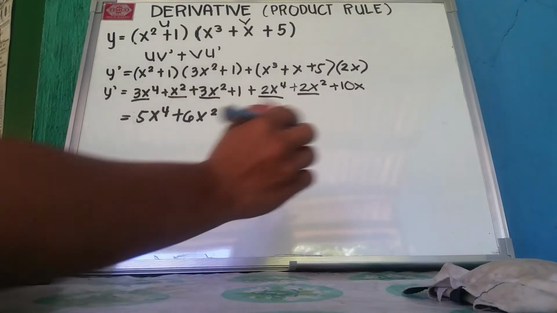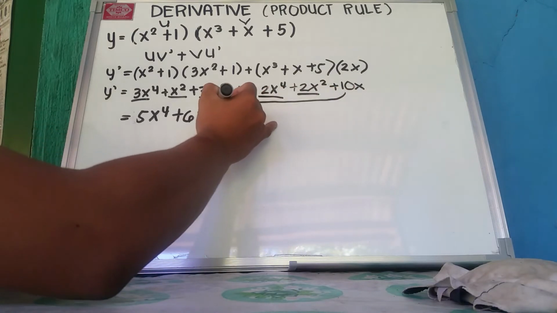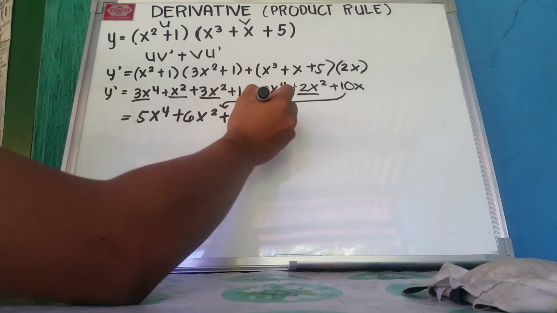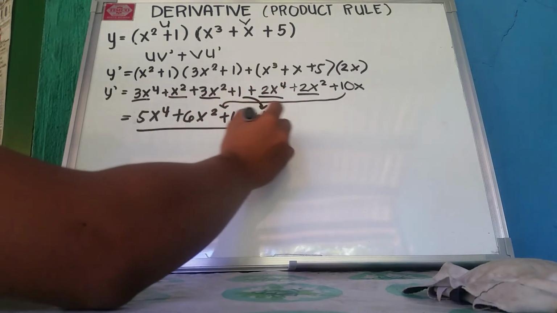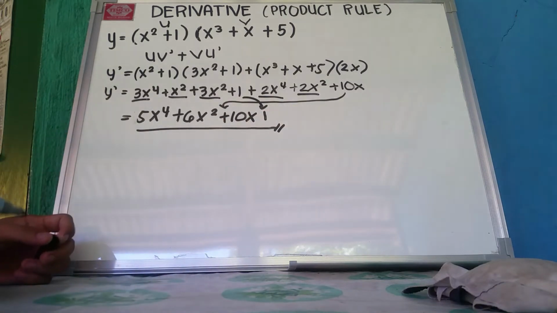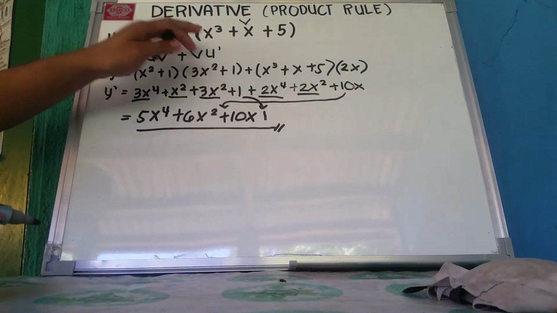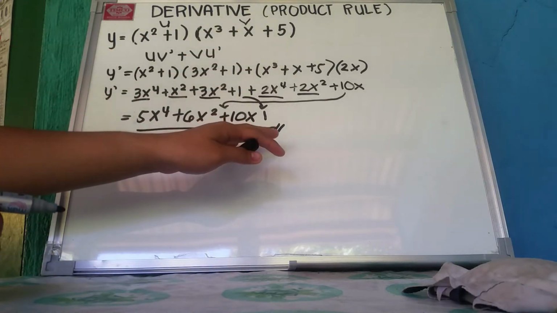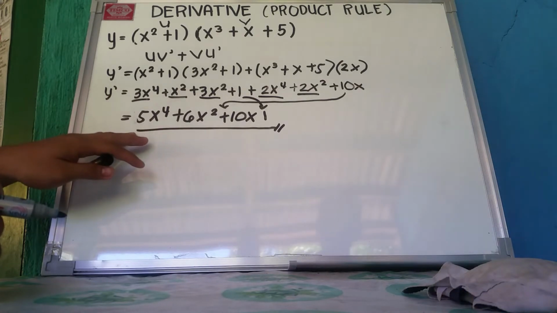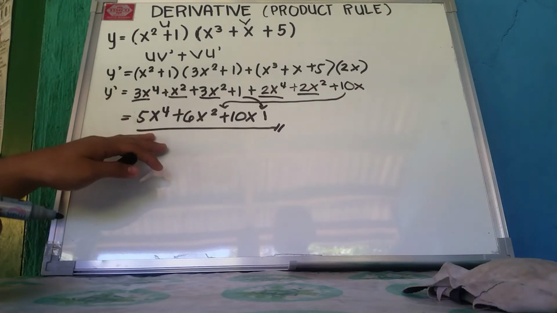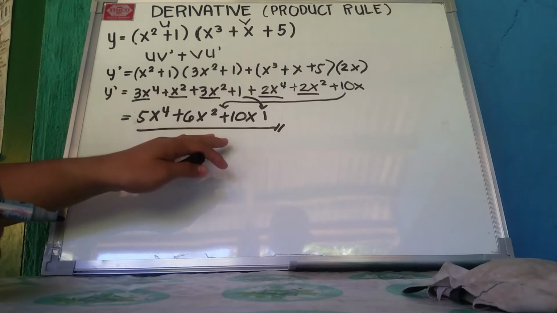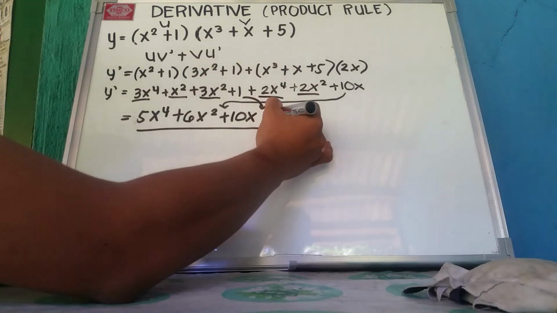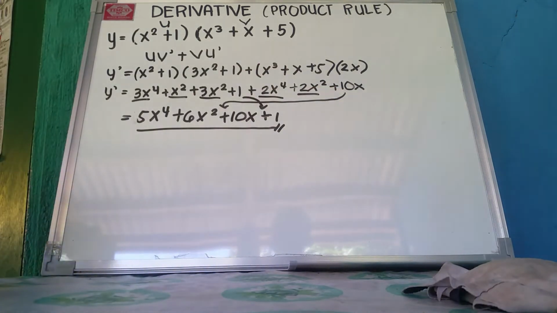No. So we will just bring down 10x and bring down 1, and we got the answer for the equation x squared plus 1 times x cubed plus x plus 5, that is equals to the derivative, or its answer is 5x raised to the power of 4 plus 6x raised to the power of 2 plus 10x plus 1. Alright.